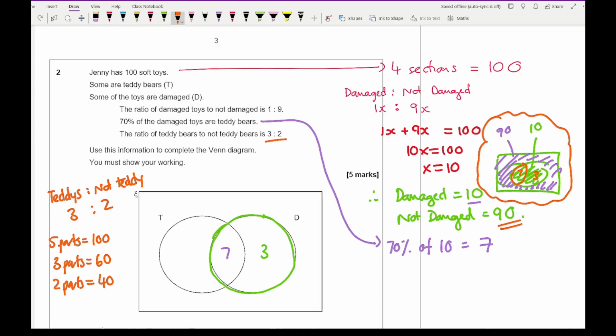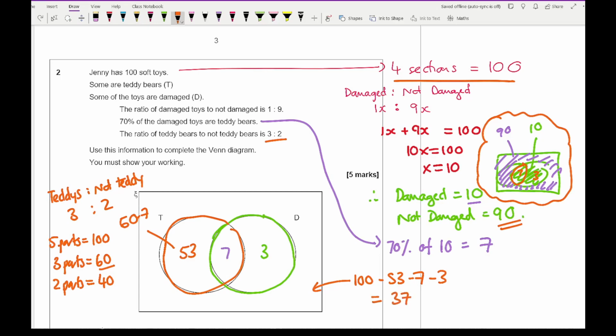Now if 7 is already here, and all of this circle needs to add up to 60, then this part here is going to be 60 minus 7, which is 53. And then, because I know all 4 sections add up to 100, I can work out this section here by doing 100 minus 53 minus 7 minus 3, which gives me an answer of 37. So there is my completed Venn diagram.